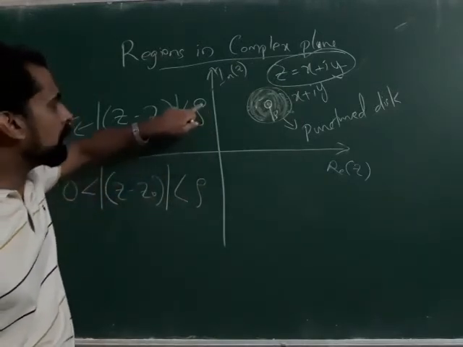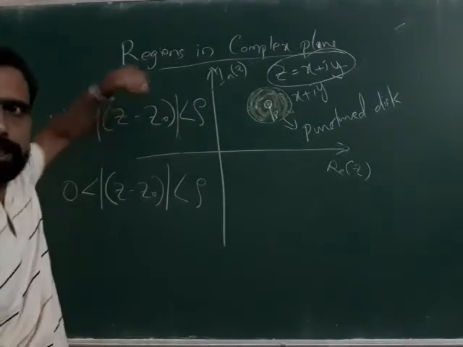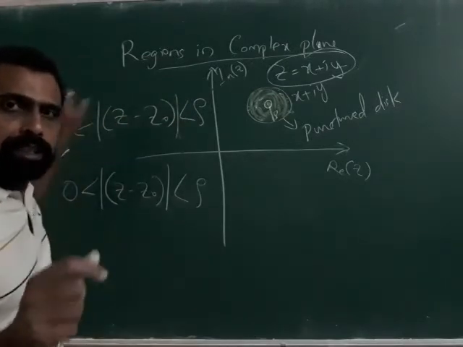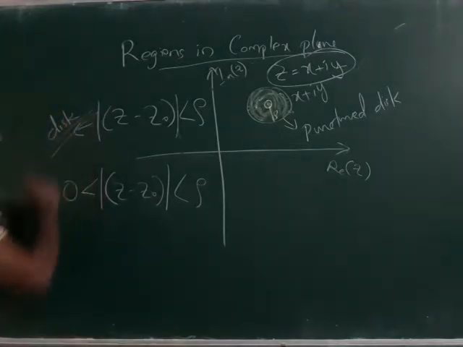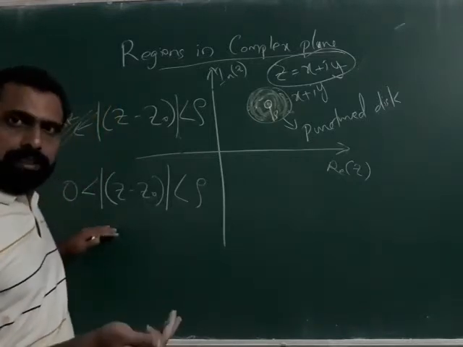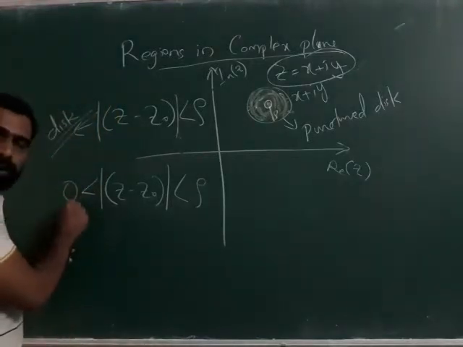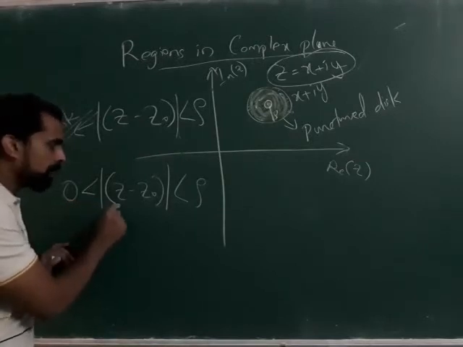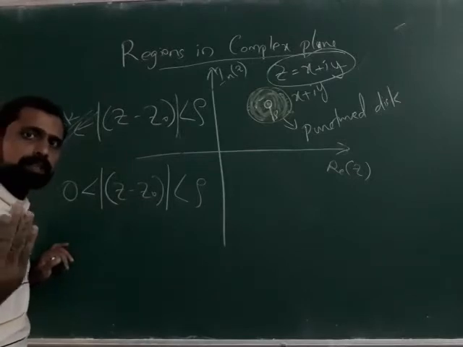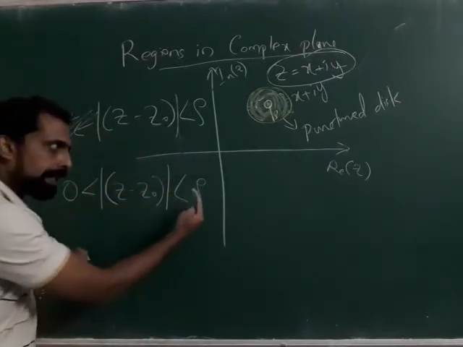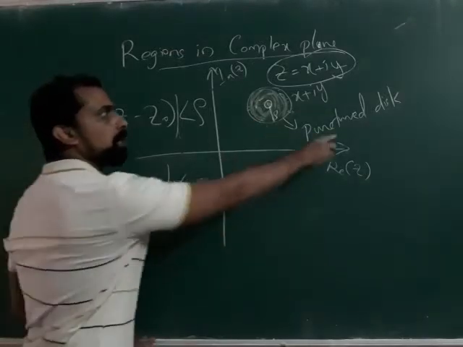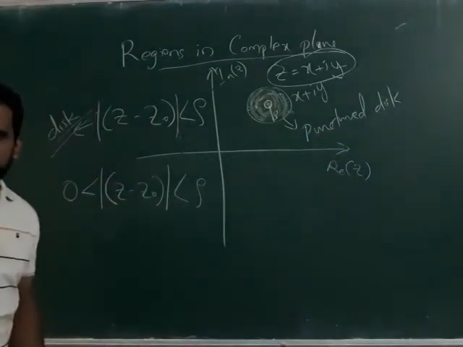So all the points within this disk you can take in your problem, or you can consider this region, so that you will create a disk. Now you may have situations like this, where exactly the middle point, where modulus of z minus z0 equals 0, is not included, and all the other points less than rho are included. So that will give you a punctured disk.